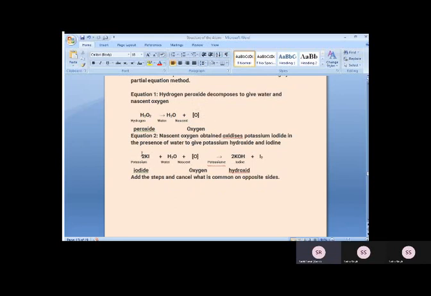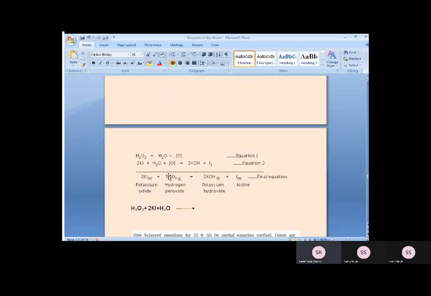It oxidizes potassium iodide in the presence of water, and then you get iodine plus potassium hydroxide. If you look at this equation, this is also a balanced one. So every step you need to balance. Ultimately you will add, and you will get the final equation and the balanced one also. If you do not get a balance, again you have to balance here.